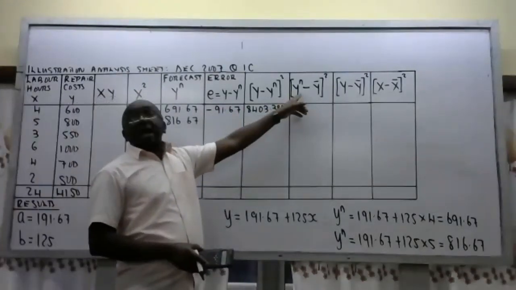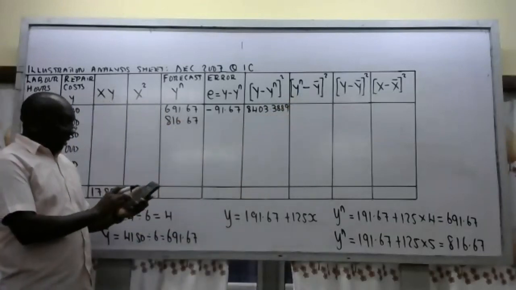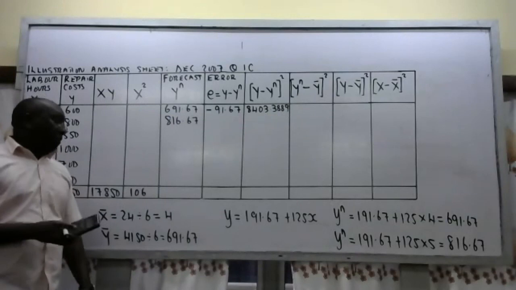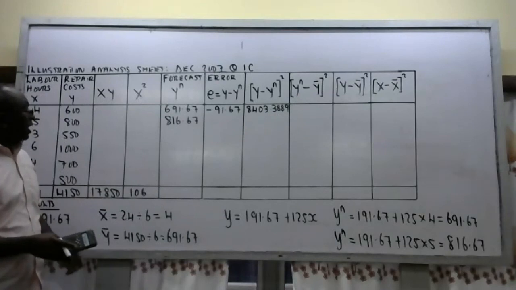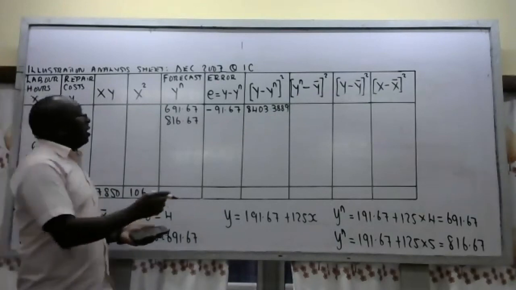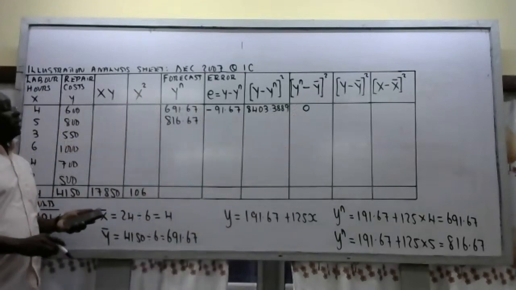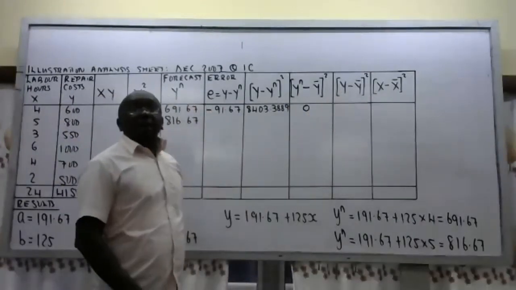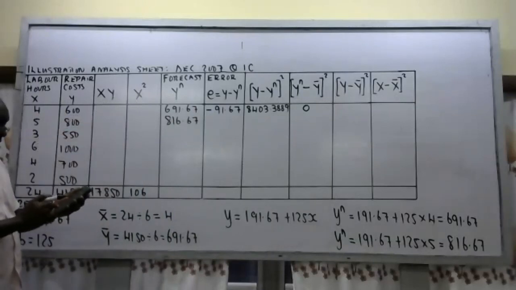Then the next one, y predicted minus y bar. So you take this predicted, say 691.67, minus y bar. What is our y bar? It is this. They are the same, right? So that one now becomes 0. Then the next one, y minus y bar. Take this value of y, 600, minus y bar.